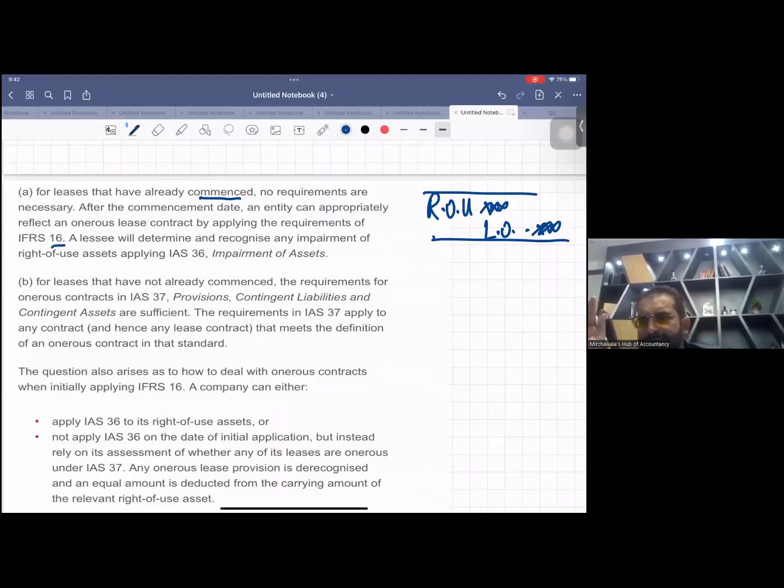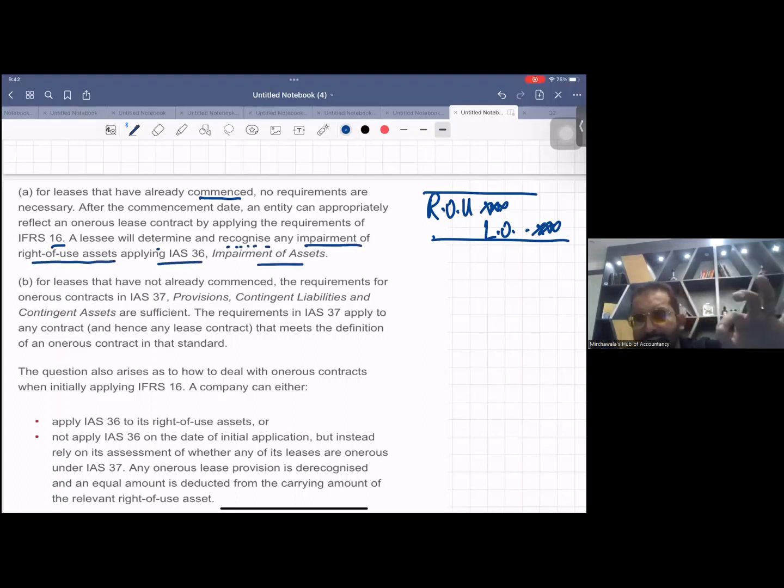Just go with IFRS 16 because you have already booked the present value of all future cash flows. A lessee will determine and recognize any impairment of right-of-use asset applying IAS 36.